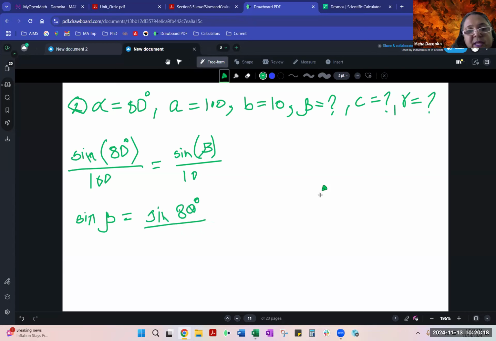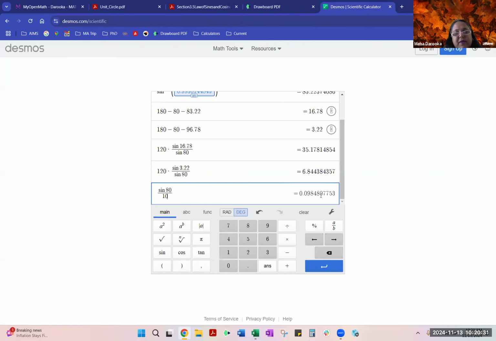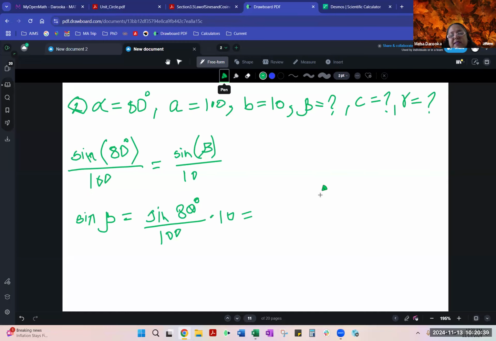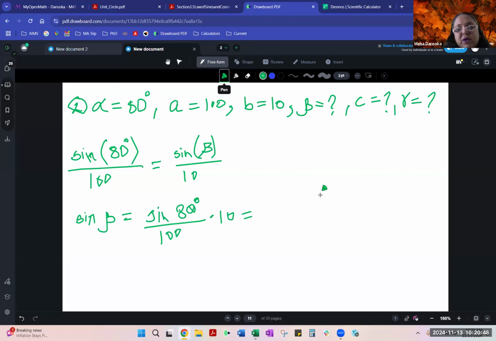Is it going to be between -1 and +1? So sine of 80 degrees divided by 100 multiplied by 10. Right, so obviously we can see that's going to be well within -1 and +1, 0.0984.